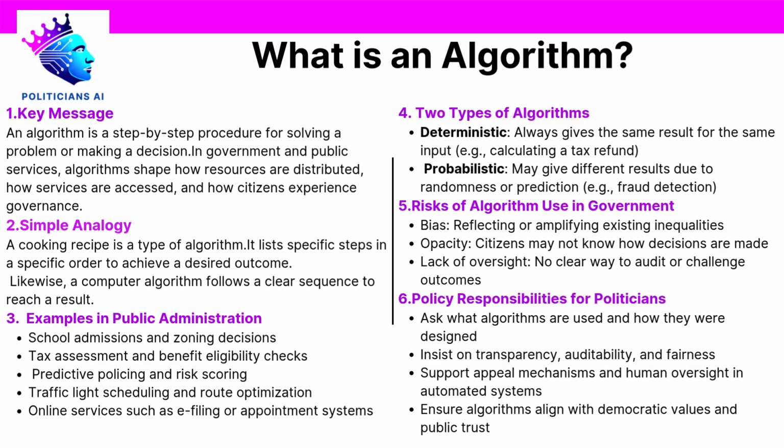Let's take a look at a few everyday examples of algorithms. First, Google search. When you search for something, let's say public health subsidies, the results are not random. Google uses a complex algorithm to decide what results to show and in what order. It looks at your location, your search history, and the credibility of websites. Second, GPS navigation.